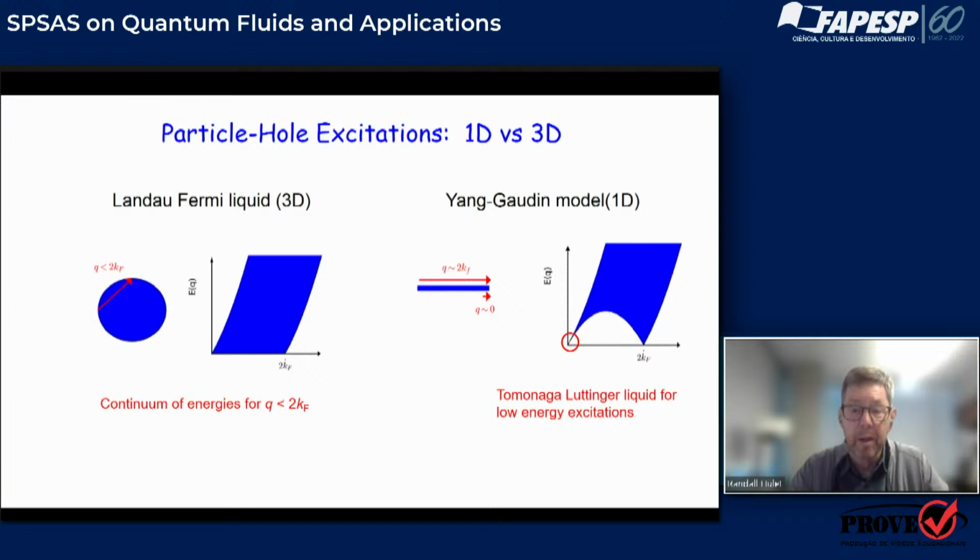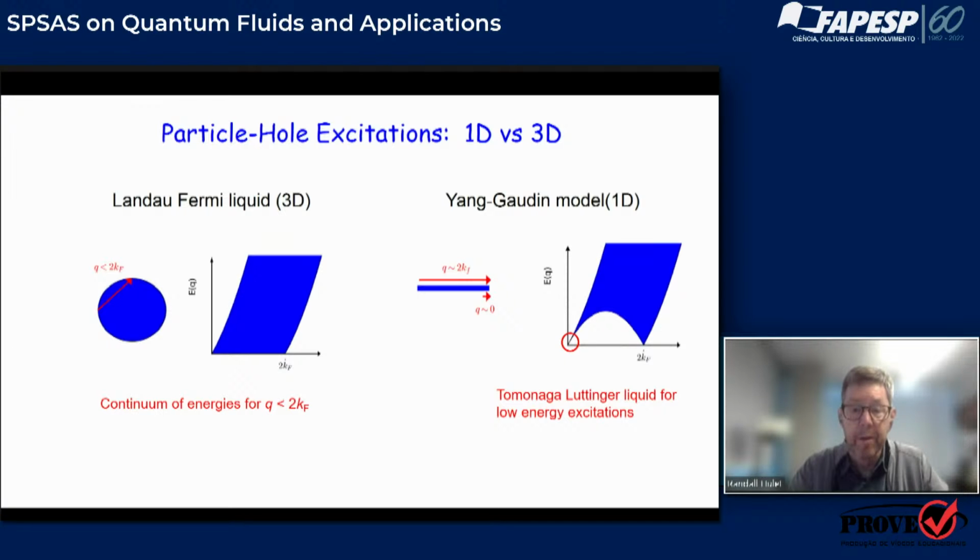You know that for a photon, omega equals cp, and a relativistic massive particle is similar, with a sound-like excitation. That's true in one dimension as well, even though this is a non-relativistic theory, and the underlying dispersion is quadratic in momentum.